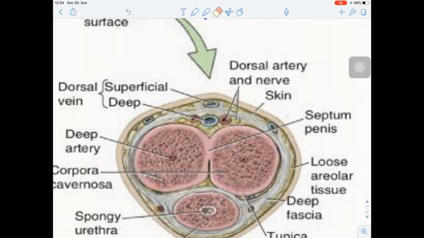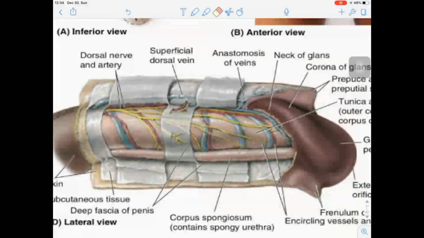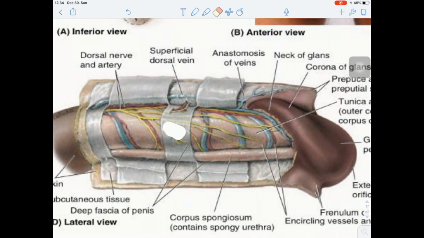Around that, if you see this picture, layer by layer going down, here's the corpus cavernosum, dorsal artery, deep dorsal vein, and the nerve. This should be the deep fascia of the penis, because it covers these structures.